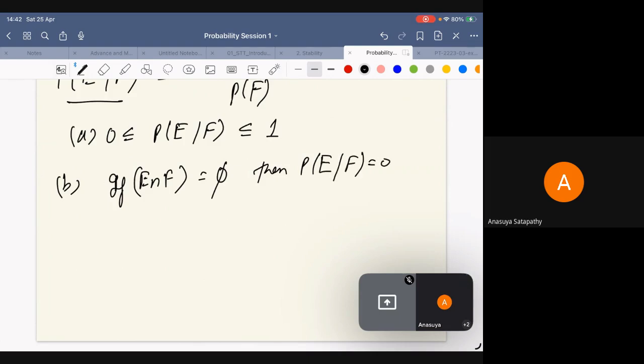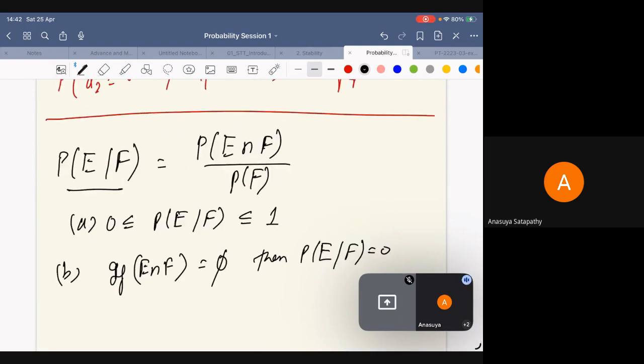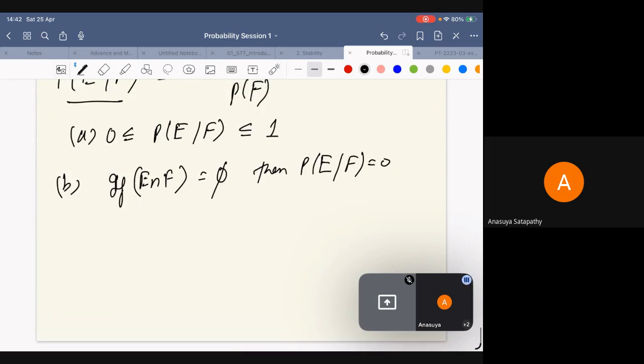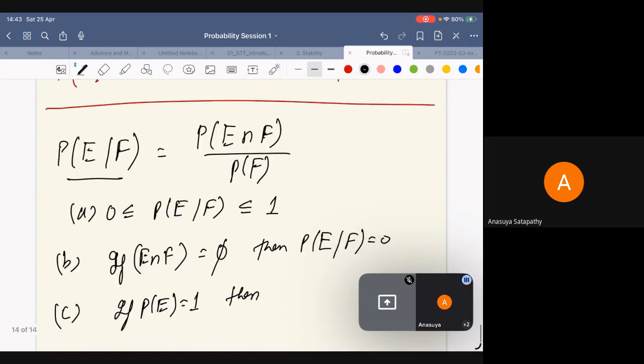Put 0 in the numerator and it will be 0. Third condition, if P of E is equal to 1, then what will be the outcome? E intersection F will be F, so P of E given F will also be 1.